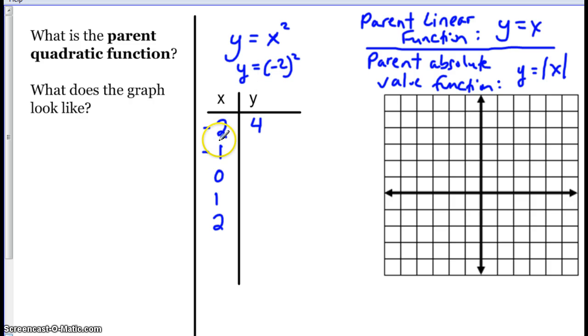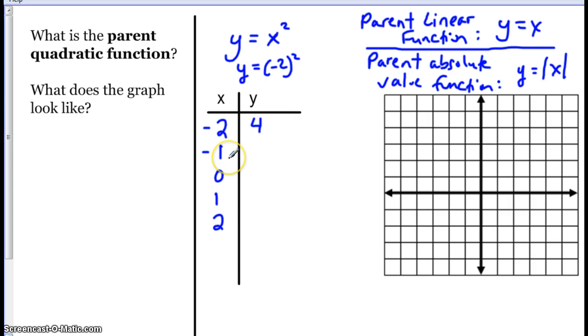Okay, so remember, you take each x value and you substitute in for x. Always use parentheses when you do that, especially if you're using your calculator. So when you have the -2 squared, remember, that means -2 times -2, and that would be +4.